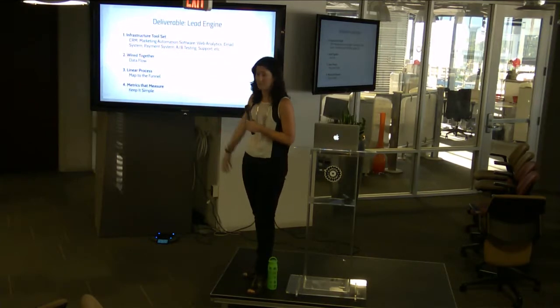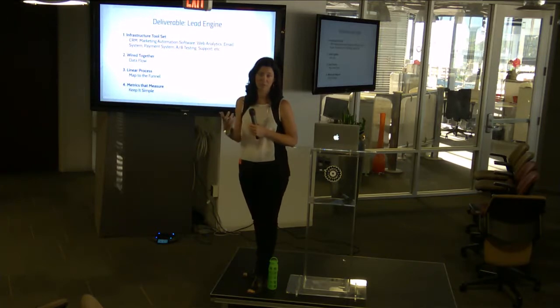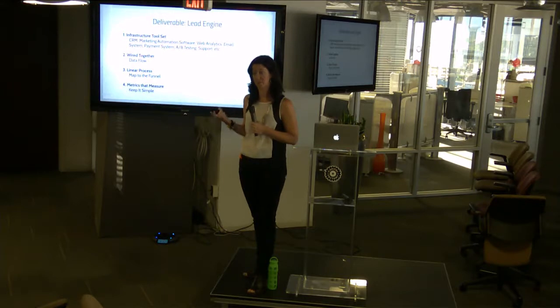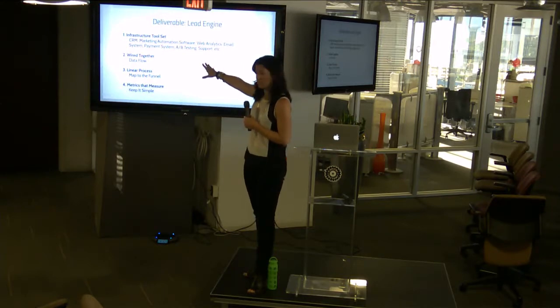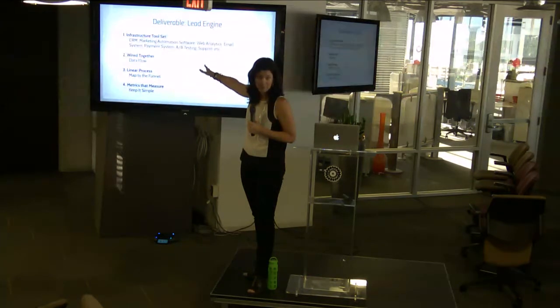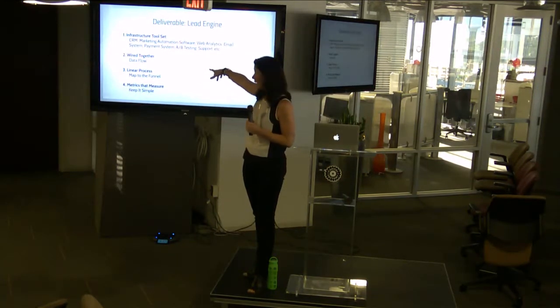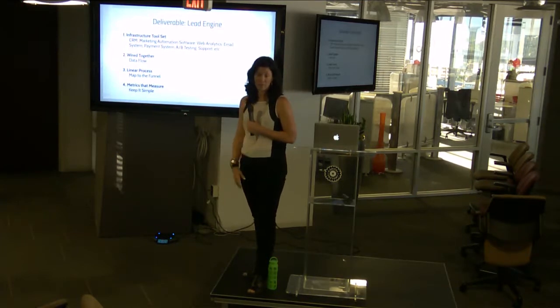So when I think of a lead engine, the pieces, the car parts, if you will, are the infrastructure systems. So there's always a CRM system in everything I do, and I'll be honest with you, it's always Salesforce. I don't know how to work with another CRM system. Marketing automation software, I've worked with Eloqua, I've worked with HubSpot.